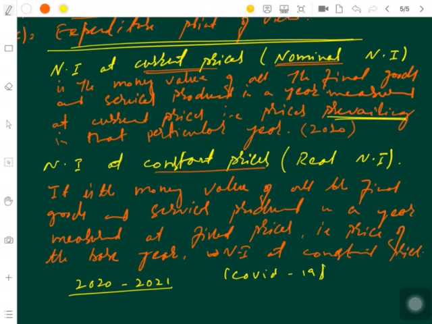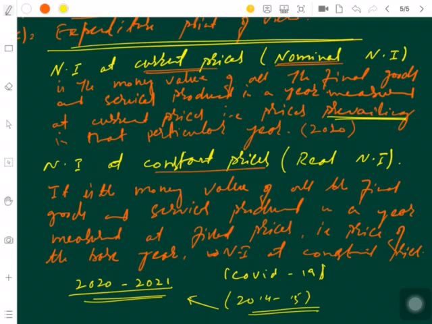So if we take the prices of 2014-15 to calculate national income of the year 2020-21, this will be on base year prices. So this will be the real national income, or the national income at constant prices. So dear students, we are now able to understand almost every basic concept which we will require in this chapter.